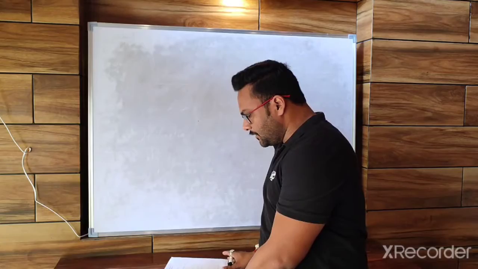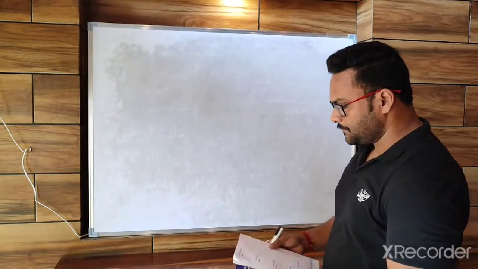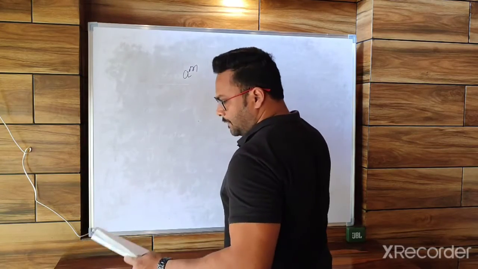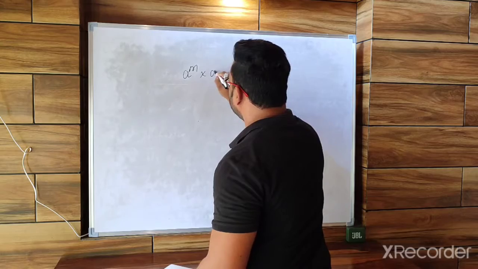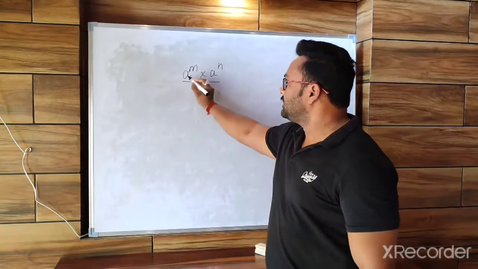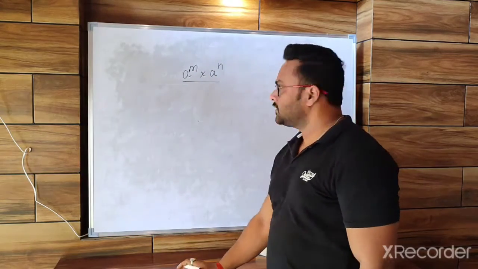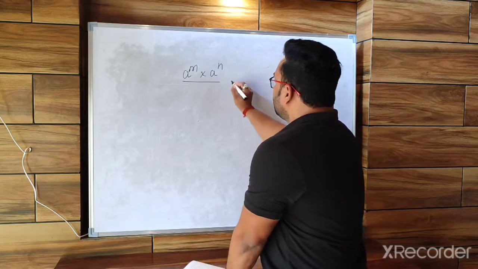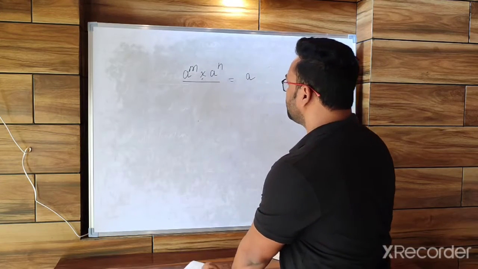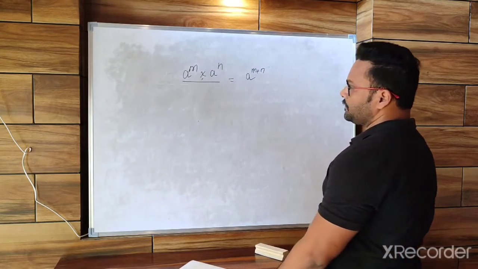The first property of exponents, or law 1 you can say: if any exponent a to the power m is multiplied by a to the power n, with a common base a, and the exponents are different, then what you have to do is take the base as common, and if there is multiplication, add the exponents, m plus n.